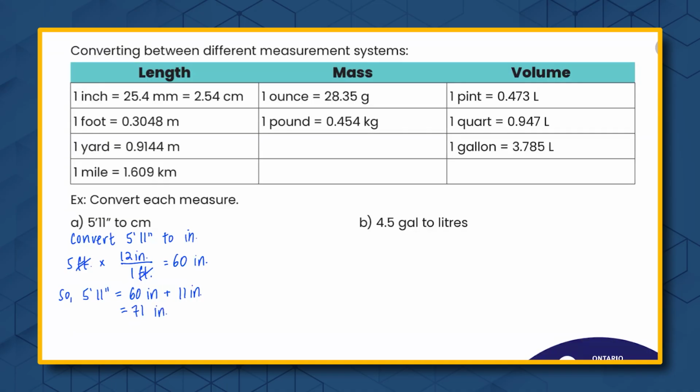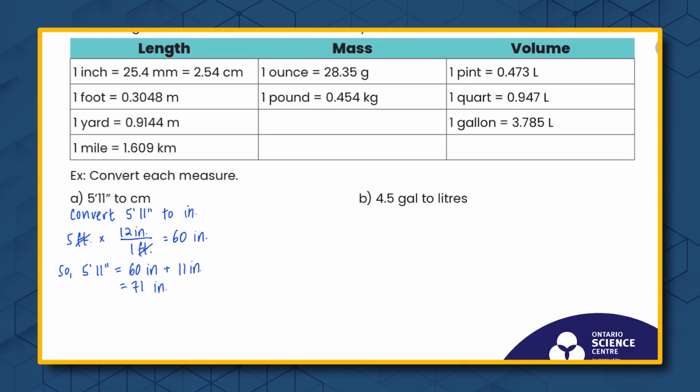So now that I have that in 1 unit alone, I can continue to convert into centimeters. Let's now convert 71 inches to centimeters. I'll take 71 inches and use the conversion factor from my chart. Notice at the very top, in 1 inch we have 2.54 centimeters. Because I want centimeters in the end, I'm going to put the 2.54 centimeters in the numerator of my factor.